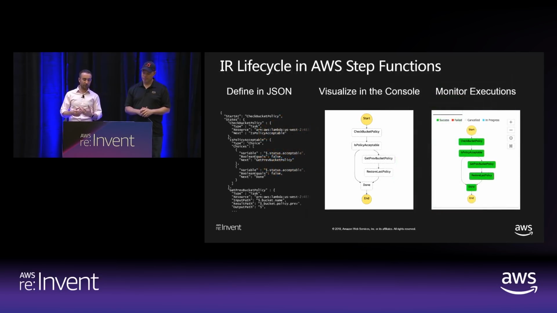And why, right? So the definition, like anything else in AWS, is JSON. It's nice and structured. You can really finitely structure your state engine or your step function. They're sort of used interchangeably. You can visualize it in the console, so you can see the actual output of that. And the individual executions you can monitor, and they light up green if they're successful, red if they're not.